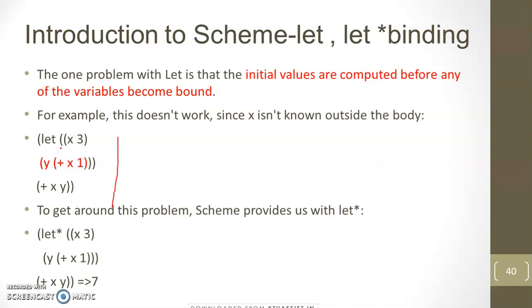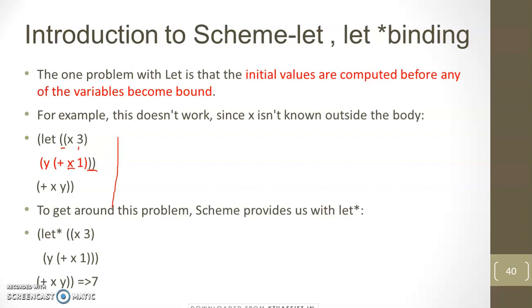Why? Because this let construct closes over here. Inside this, y is equal to x plus 1, some computation is being done. Here x will not take the value 3, because x is not bound outside the let scope.